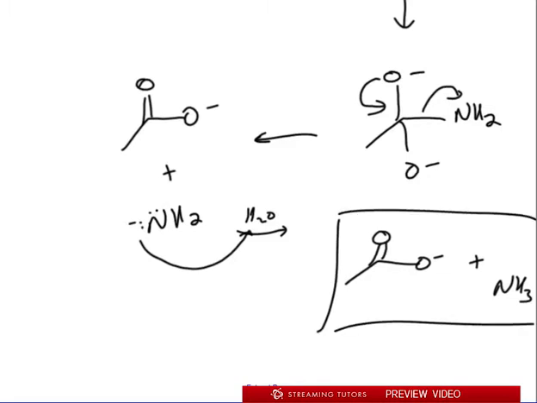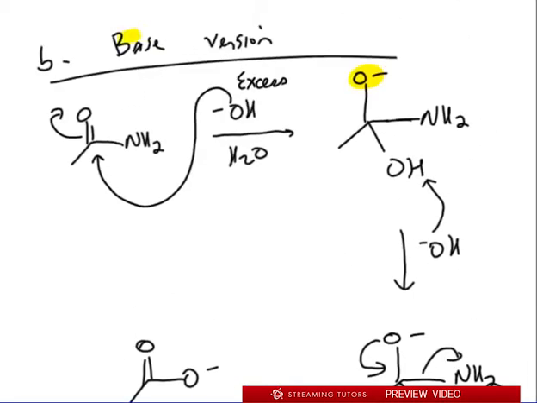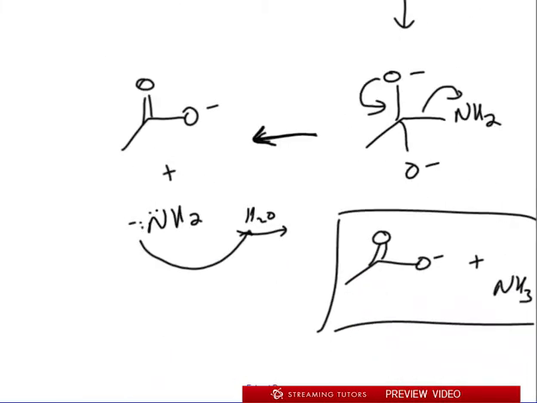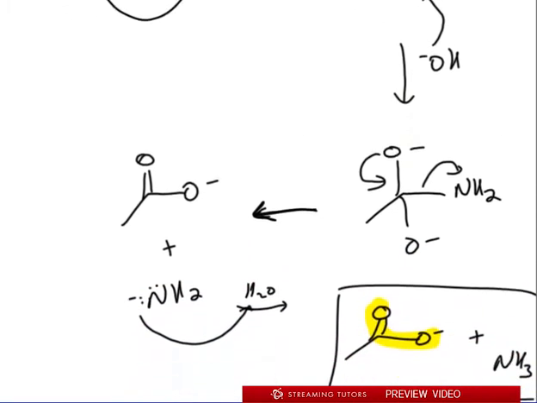Okay? So realize that, as you would expect, if you're in a base environment, you make a base version of carboxylic acid, right? That we know. We've seen that several times over and over throughout this chapter. Okay? But what's really unique is this intermediate.